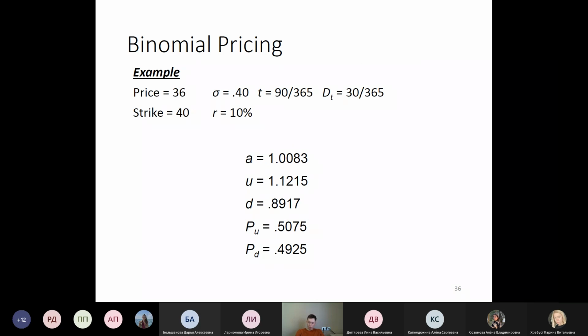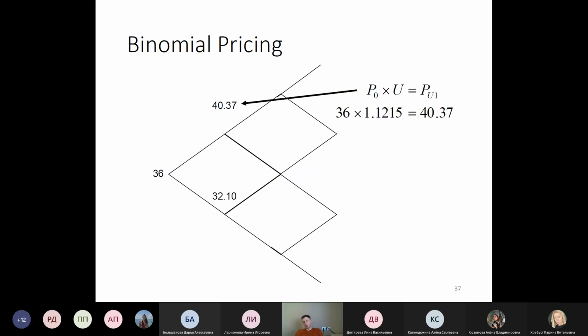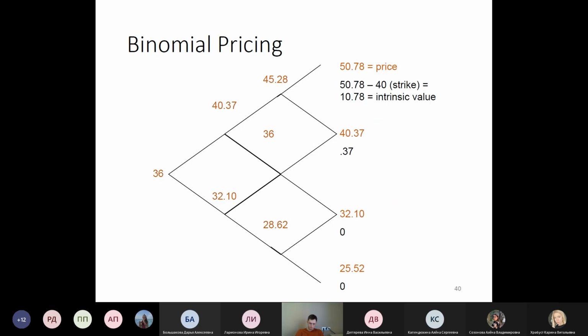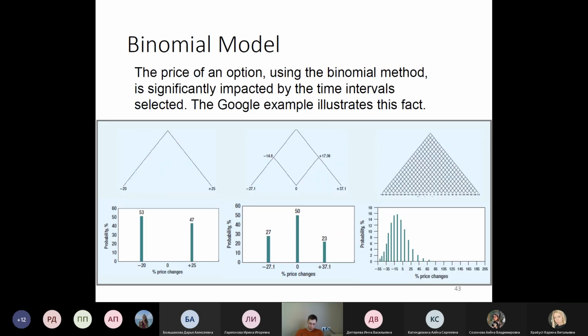From them, we can estimate all variables we need to do the binomial pricing, and we draw simplified decision trees in order to estimate them. The more steps we make in the decision tree, the more accurate our estimation of the price would be.